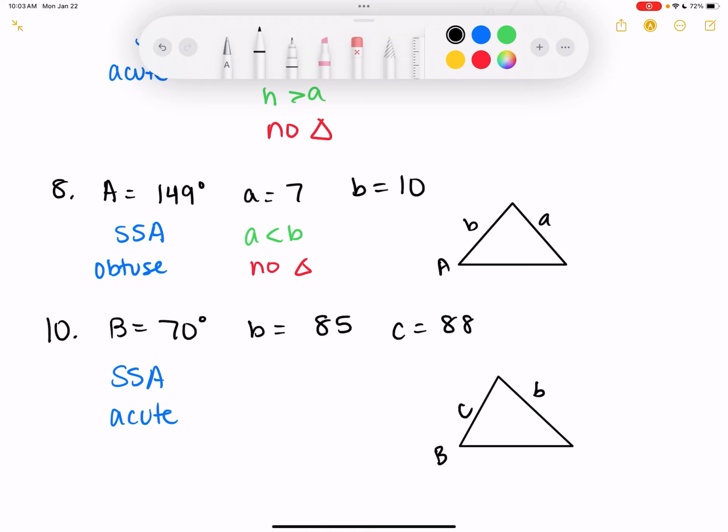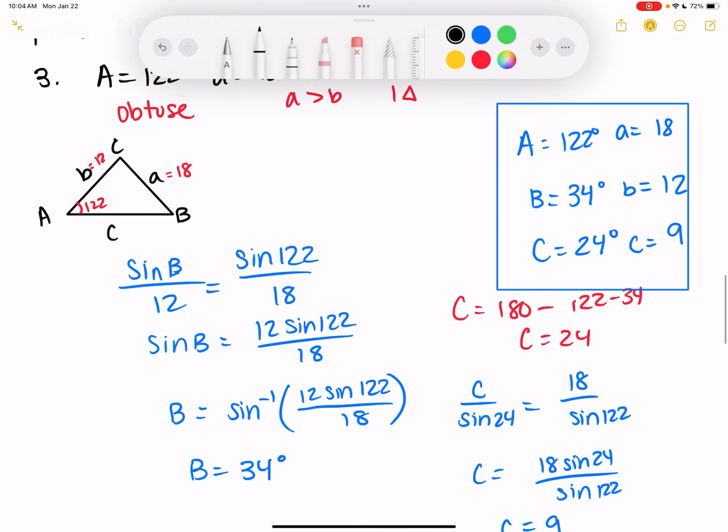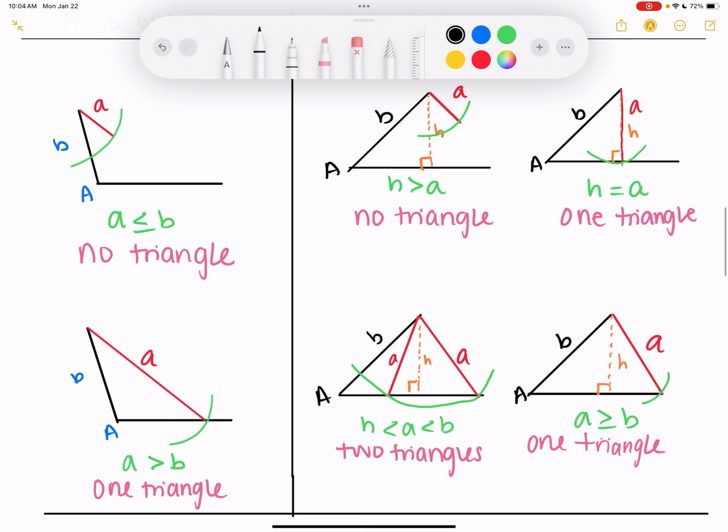So now, what's the next thing I should be looking at? Okay, so side B goes with the given angle, so that's B is going to be A in my scenario in my chart, and C is going to be B. Okay, so I need, is B greater than A? Nope, is B greater than C?